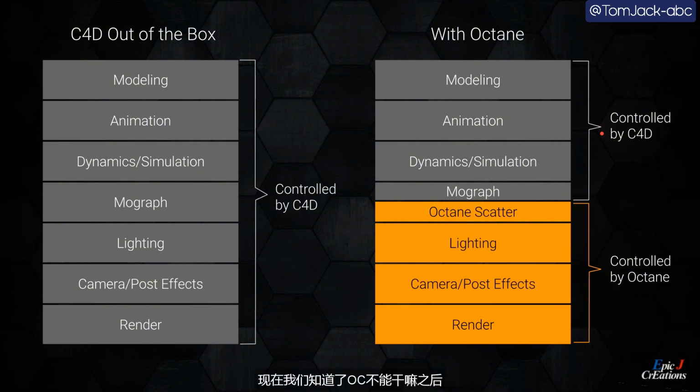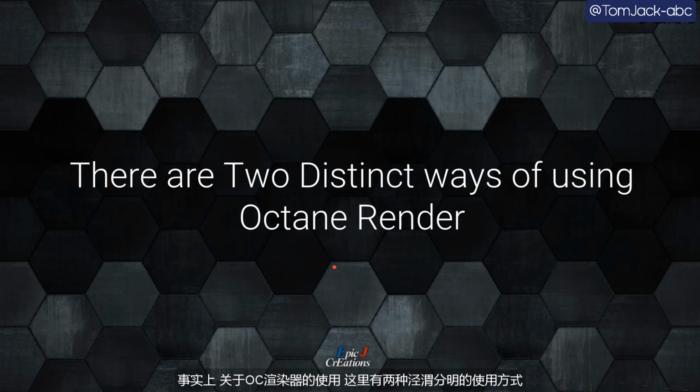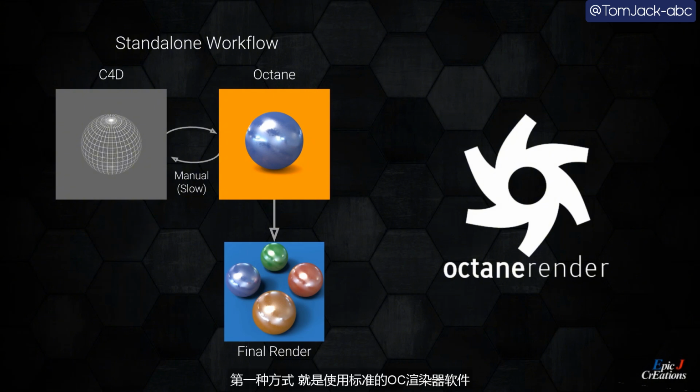Now that we know what Octane can't do, let's talk about the different ways we can use Octane Render. First off, Octane is not like your average render engine, as there are multiple ways of using it. In fact, there are actually two distinct ways of using Octane Render. The first way is using the standard Octane Render application.